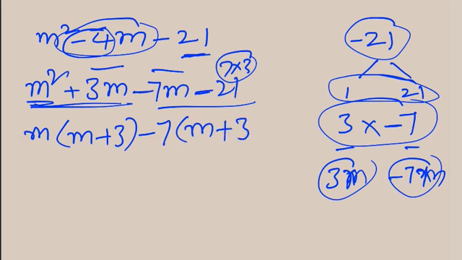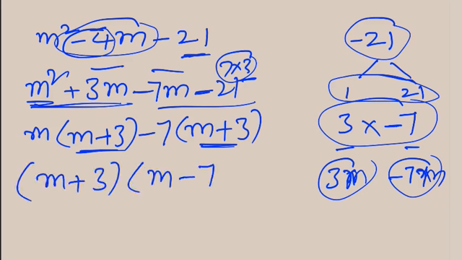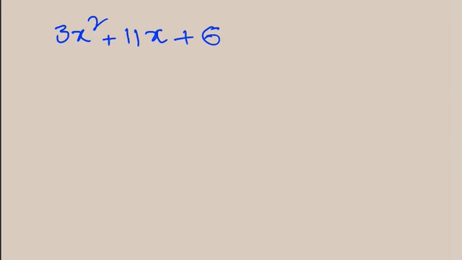Then 3 is left, so m plus 3. And always after taking common, these two expressions must be equal, even with the signs. Now from these two, m plus 3 is common, and another one is m minus 7. So m plus 3 and m minus 7 are the factors of the given polynomial.